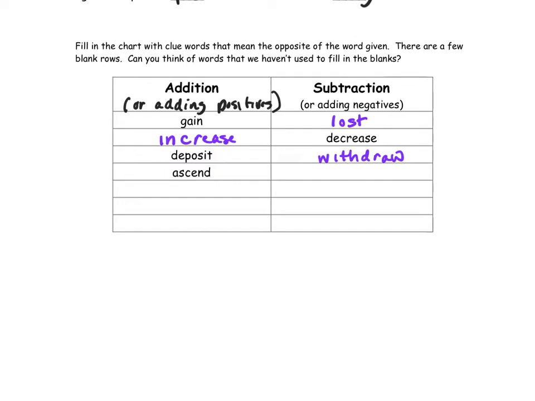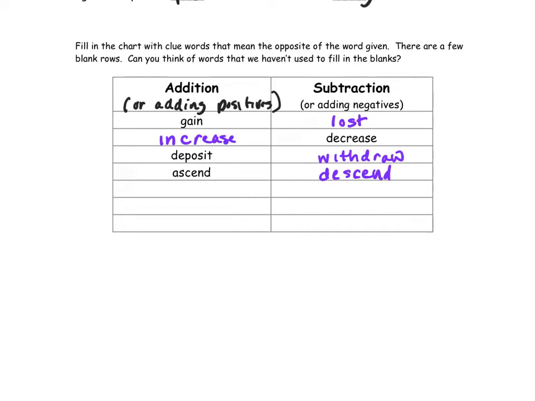Now this word might not be familiar to everyone. Ascend. If I'm going up a mountain, that's called ascend, and the opposite of that would be descend, which means go down.